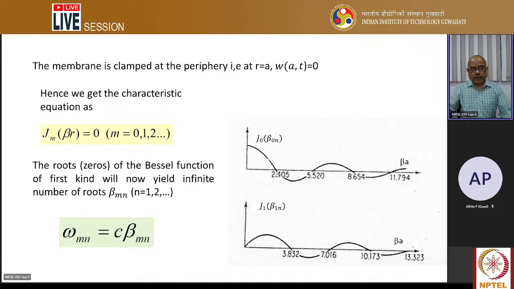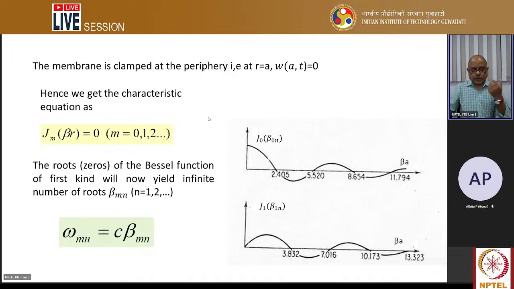The fundamental root corresponds to 2.405. Like that, 5.520, like that it is. Then for first order, we find that this is 3.832.